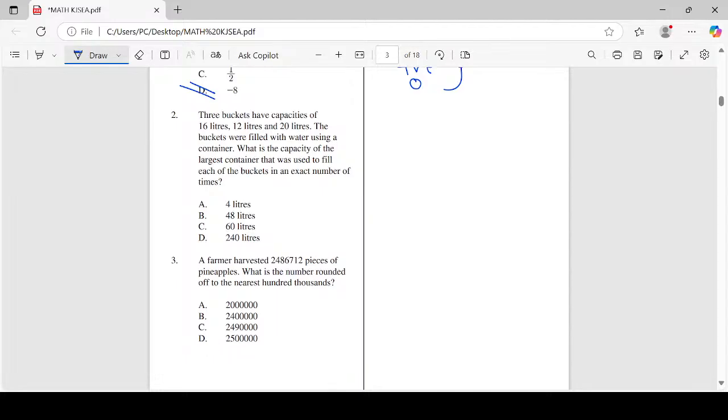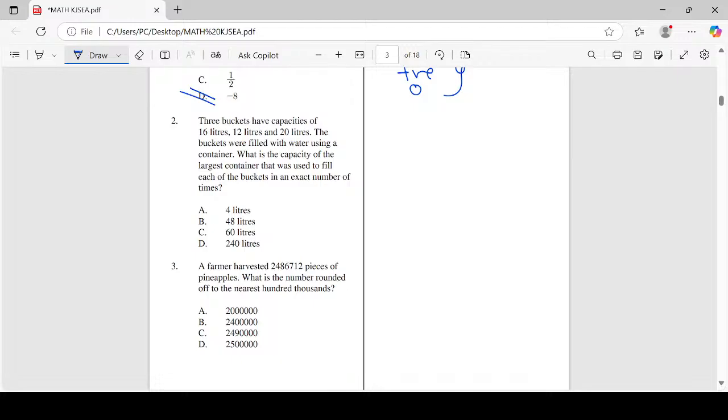Dear learners, for you to get the capacity of the largest container used to fill each of them, we are simply going to get the GCD of 16, 12, and 20.